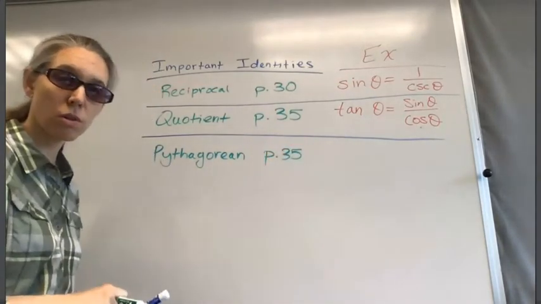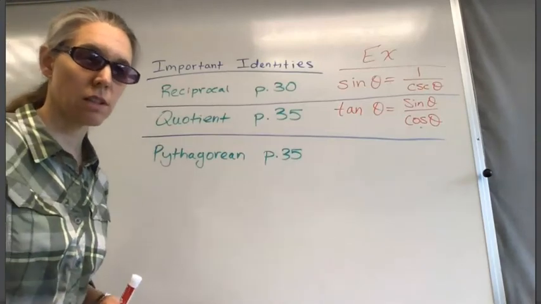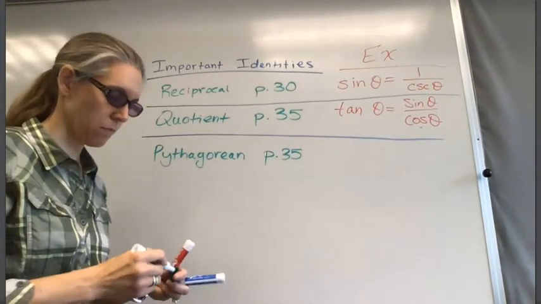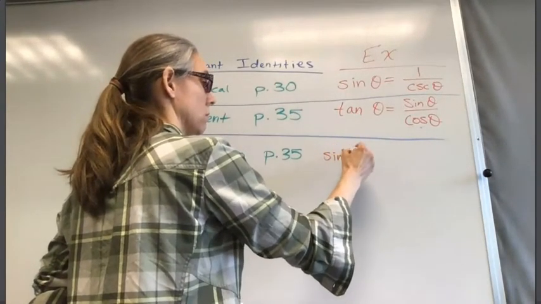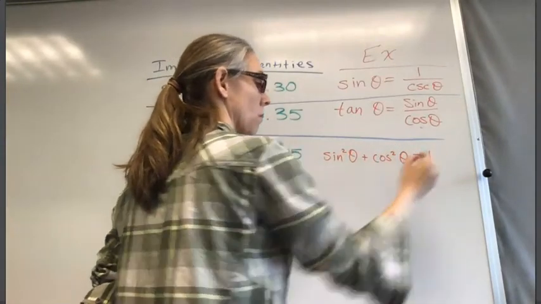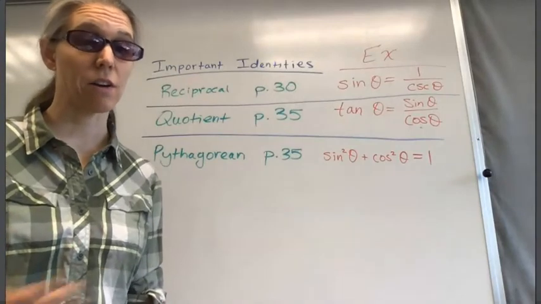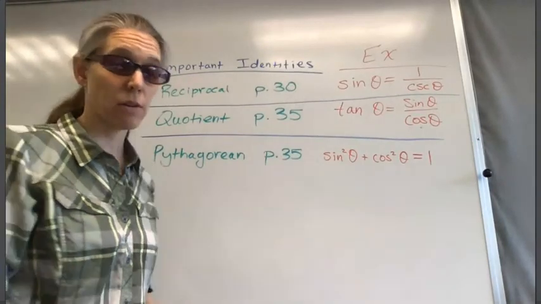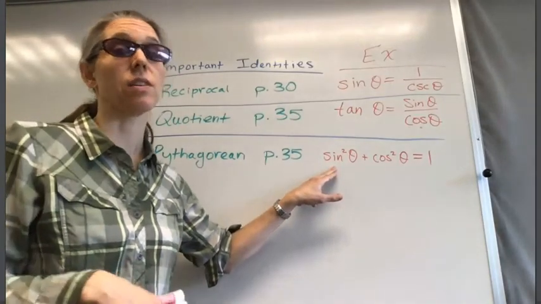And the most important of the Pythagorean identities is that sine squared plus cosine squared is equal to 1. There are 3 Pythagorean identities, and they are all equally important. However, if you just memorize this one, you can derive the other ones very easily.